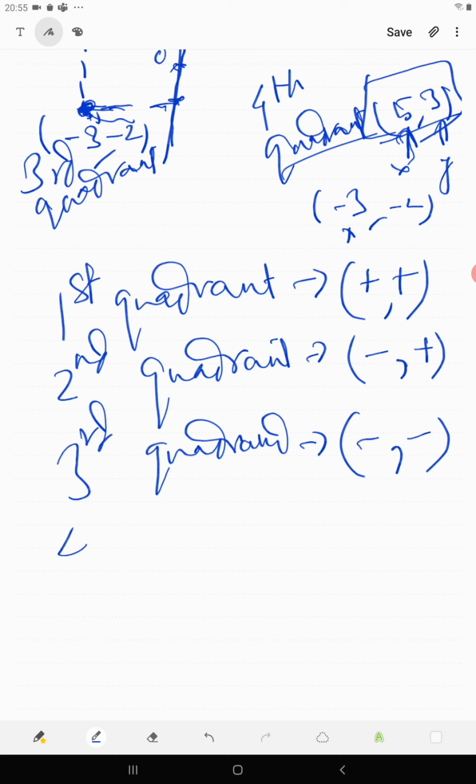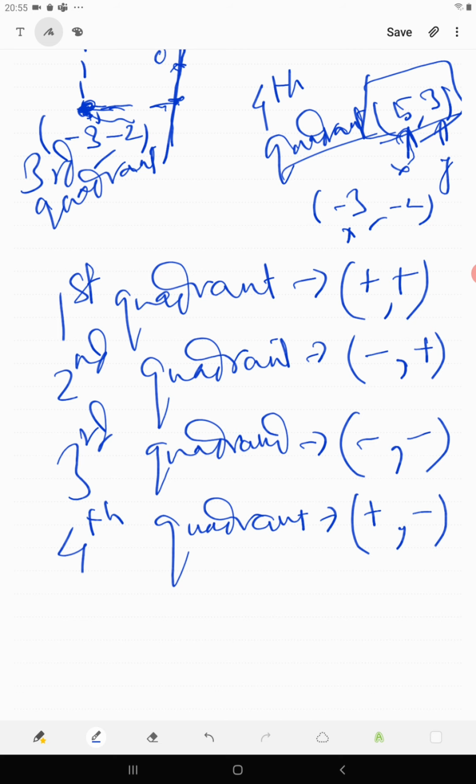And in the fourth quadrant x will be positive and y will be negative. So this is very important.